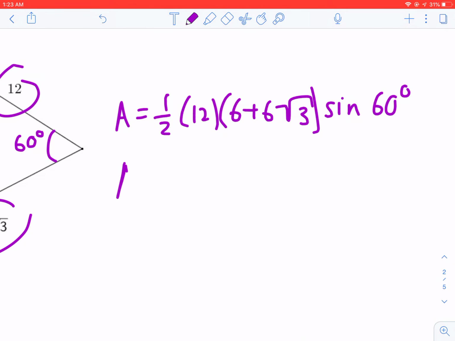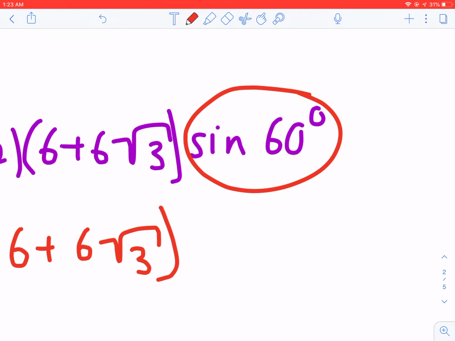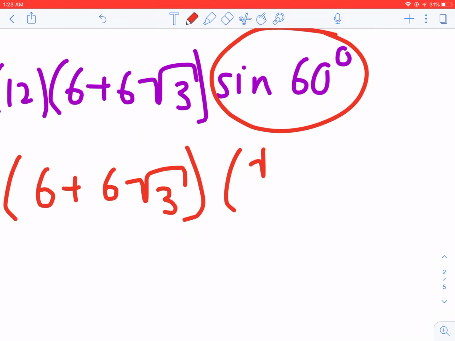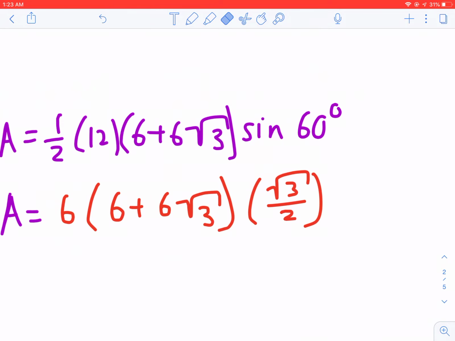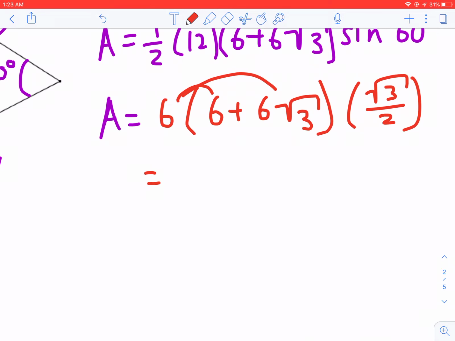And this is a bit of work, but 1/2 times 12 is 6. 6 times 6 plus 6 rad 3, sine of 60, we should notice as radical 3 over 2. Right, that's from our special right triangles. And distributing this 6 over here, we're going to get 36 plus 36 radical 3.